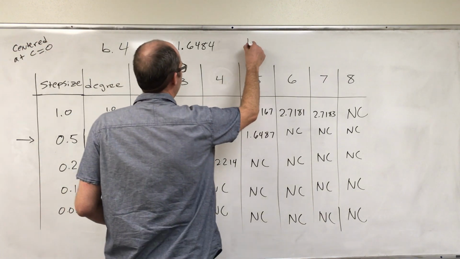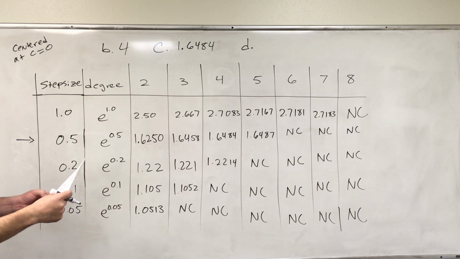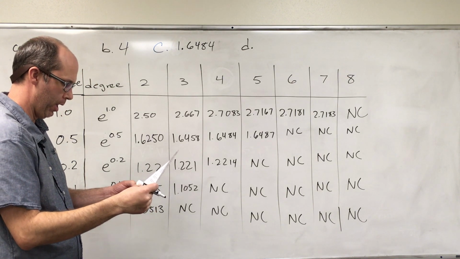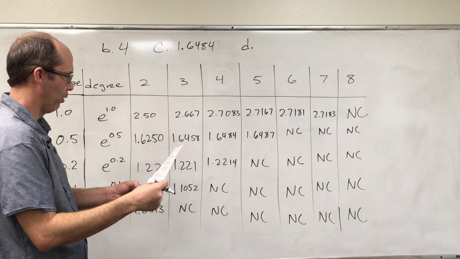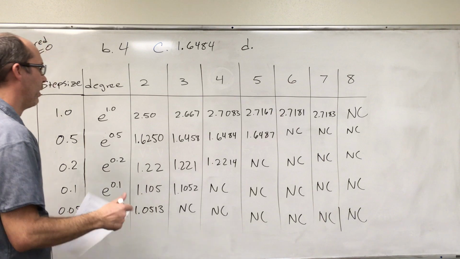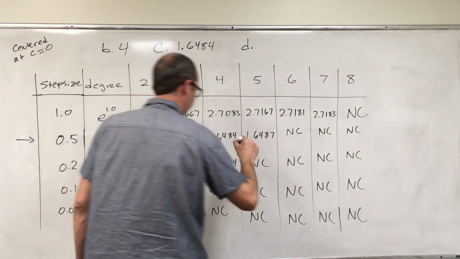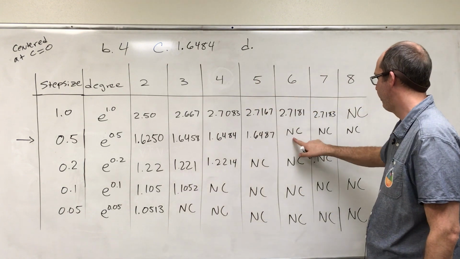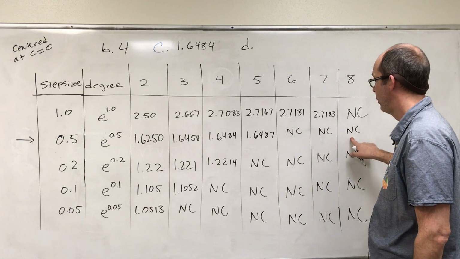Okay. Now D. What's the error in that approximation? That is, what is the difference between your answer above and the best possible 4 decimal place approximation for e to the 0.5? Here, after degree 5, there's no change, right? You see that?